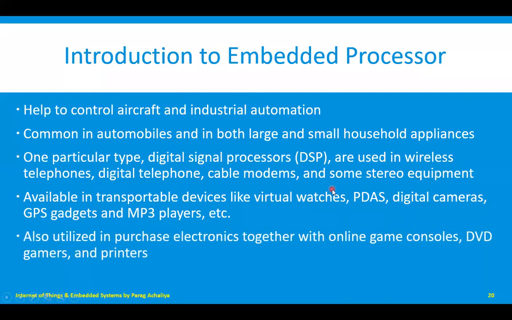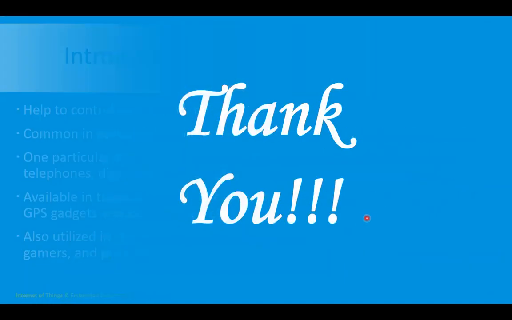Embedded processors. Those embedded processors are again utilized in consumer electronics together with online game consoles, DVD games and printers. Whatever online games you are playing, you will require some device to play those games. So those will have an embedded processor. DVD games or printers again will have embedded processors.